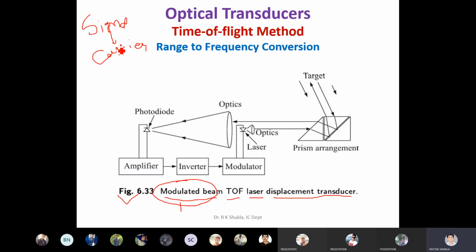Your signal is not alone. It is mixed with some additional information, or it is mixed with some additional carrier. That is what it means. So in this case, our input is nothing but the output coming from the laser, that is my light beam.